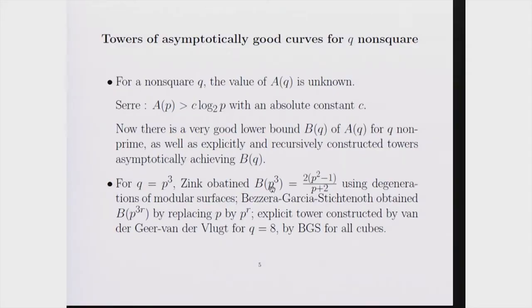If one replaces p by p to the r, so we're still looking at when q is a cube, then Bezerra, Garcia, and Stichtenoth obtained a bound for this kind of prime power, p to the 3r, just by replacing p by p to the r. There are explicit towers, which were constructed by van der Geer and van der Vlugt when q is equal to 2 cubed, and the remaining ones by Bezerra, Garcia, and Stichtenoth.